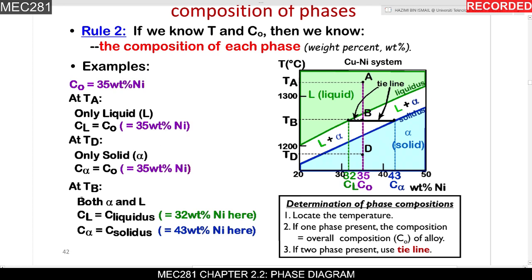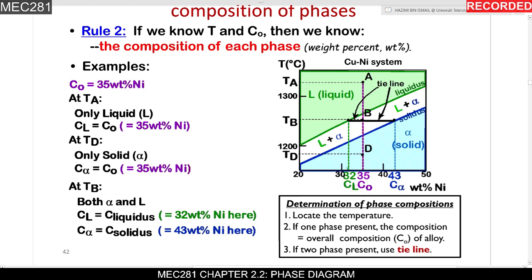For TB, we project the temperature to the 35% composition, and now we know both alpha and liquid are present. We know the limit percentages of composition.